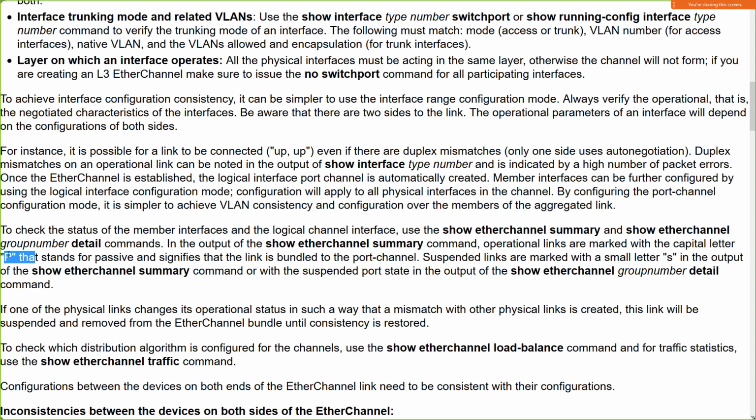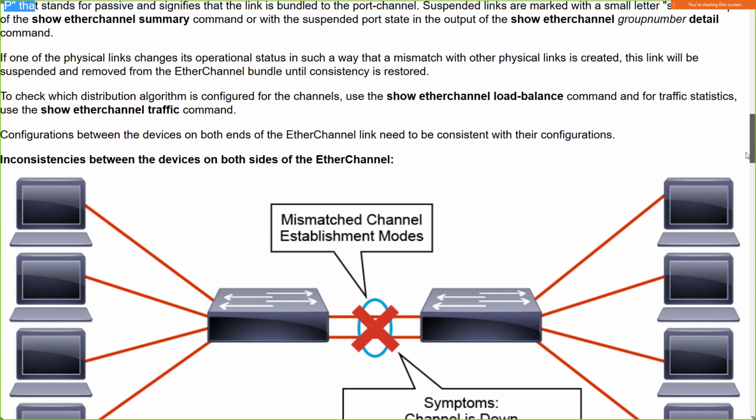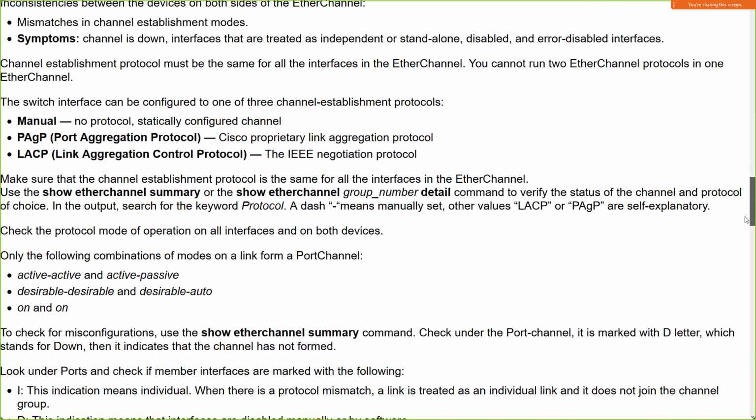It doesn't mean that you're running passive mode. I always say P just means you're participating in the EtherChannel as opposed to passive in the EtherChannel. So there are some indications, and when you look at the show etherchannel summary output, which we'll see in the lab next, you can see what those keywords are, those shortcuts are.